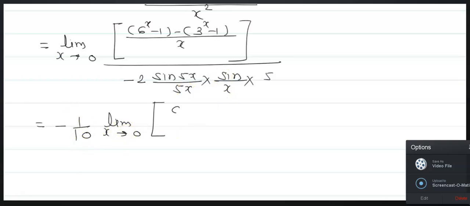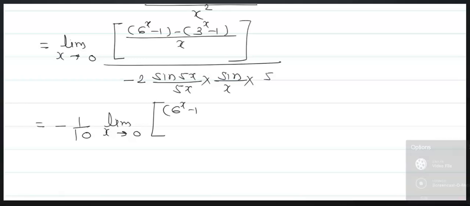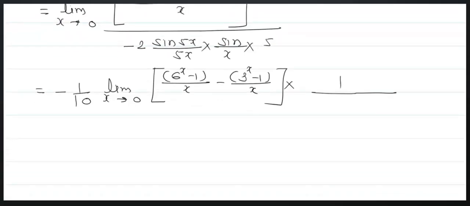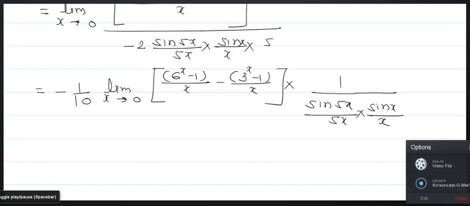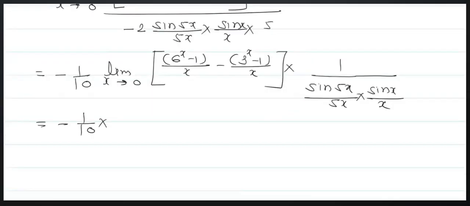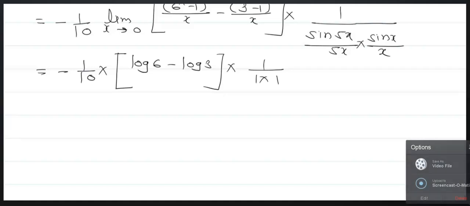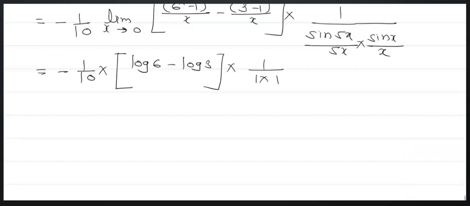Therefore, minus 1 upon 10, limit x tends to 0, 6 raised to x minus 1 upon x minus 3 raised to x minus 1 upon x, sine of 5x upon 5x into sin x upon x, that is minus 1 upon 10 log of 6 minus log of 3 into 1 upon 1 into 1, that is minus 1 upon 10 log of 6 upon 3.